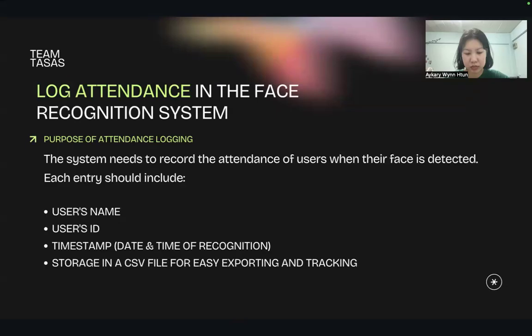This eliminates the need for manual sign-in and ensures an efficient and accurate tracking process. Each entry includes three things. The first one is the user name, the student name or employee name, and their ID, employee ID or student ID. And the last thing is a timestamp indicating the exact time and date of the recognition.